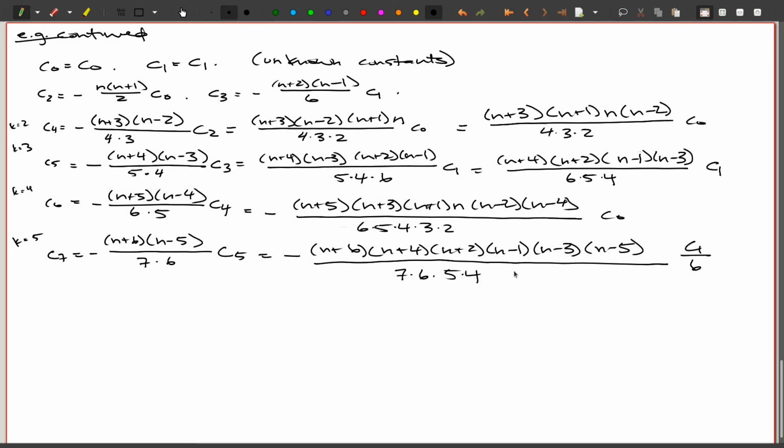Again, having that factorial on the bottom. Oh, and you know what? Here, we can say 6 is actually just 3 times 2. There we go. So 6 times 5 times 4 is the same as 5 times 4 times 3 times 2. So there we go. That gives us our full factorial that we want to see. Great.